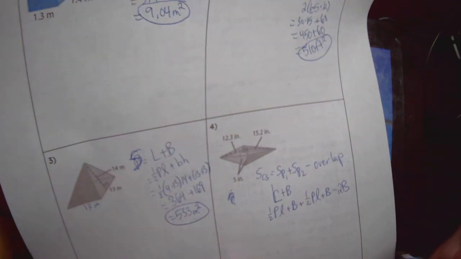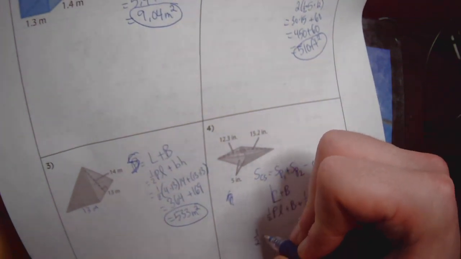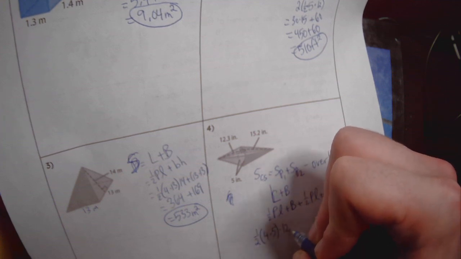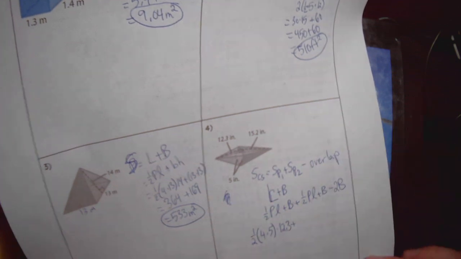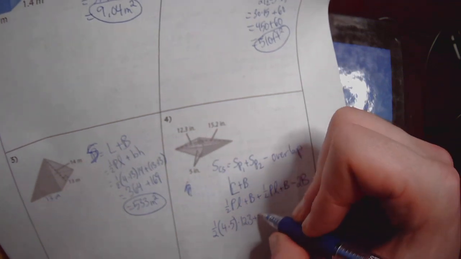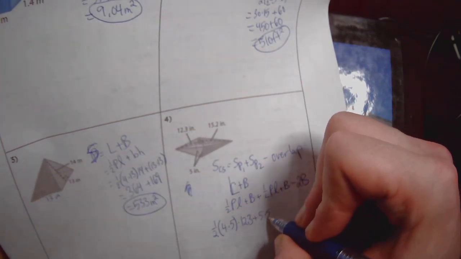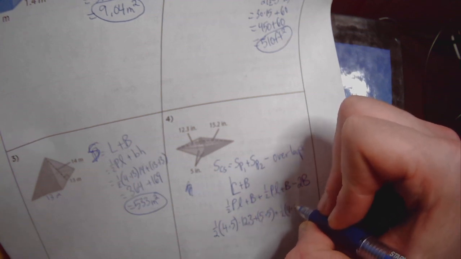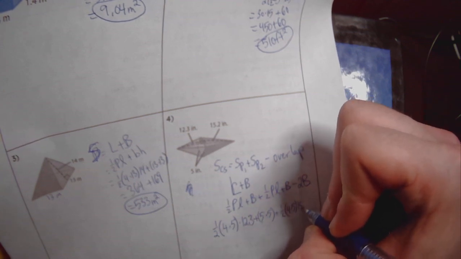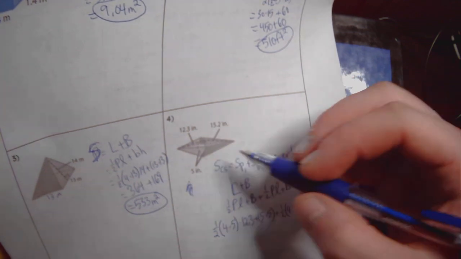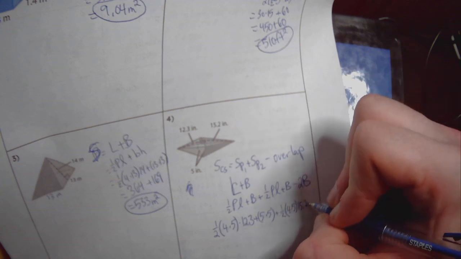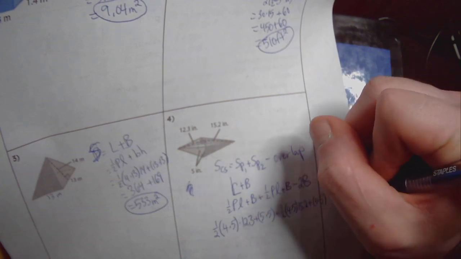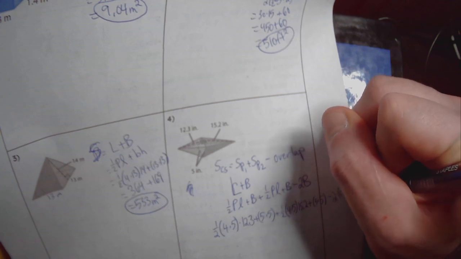Okay. Alright, 1/2, 4 times 5, times 12.3, plus, oh dear lord, 5 times 5, plus 1/2, 4 times 5, times 15.2, again this is a square pyramid, plus 5 times 5, minus 2 times 5 times 5.